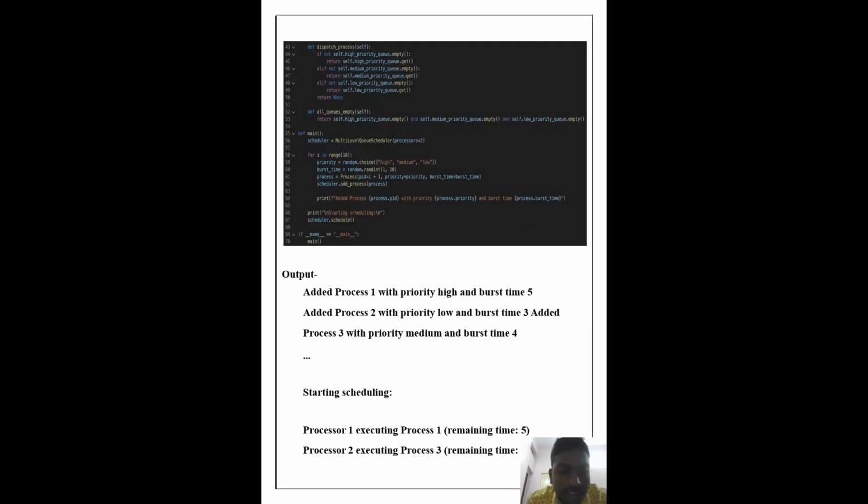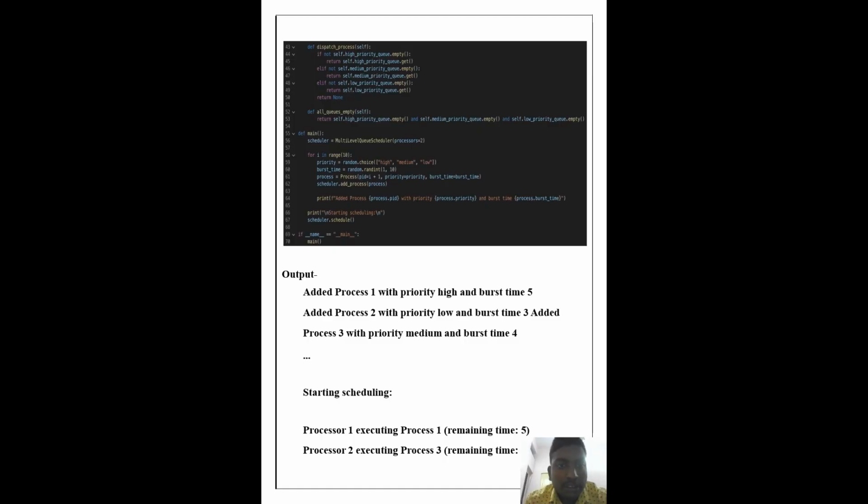Again we create def dispatch_process(self). Using the conditions if, elif and else, we solve this. If not self.high_priority_queue.empty, return self.high_priority_queue.get. Elif not self.medium_priority_queue.empty, return self.medium_priority_queue.get.